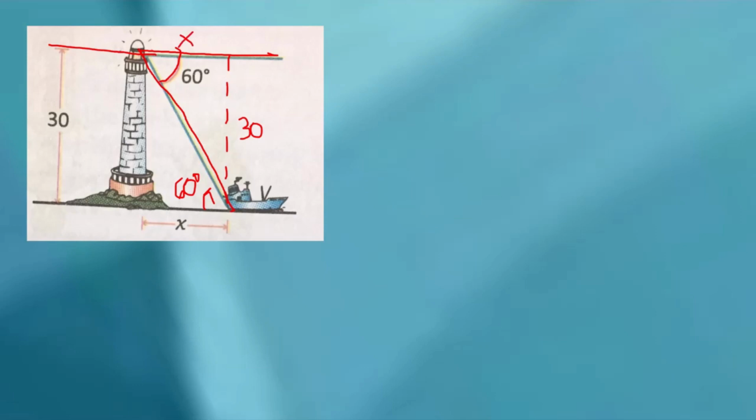Now, if this is our reference angle, and this is the opposite side of our reference angle, so this is the opposite side. And then, the X is the adjacent side. Ayan po. Kompleto na po yung given natin.